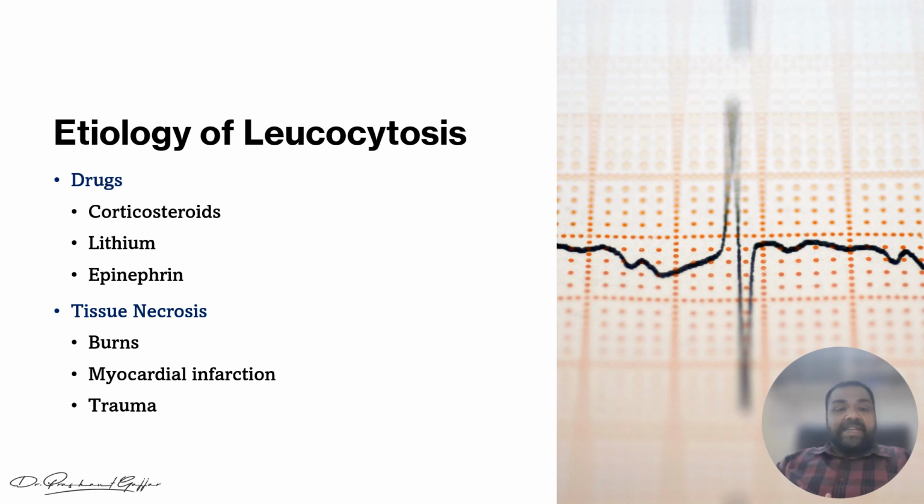The first is drugs, like corticosteroids, which can increase the white blood cells. Lithium, the medicine which is useful in the treatment of mania. Epinephrine, which we can use in allergic conditions, right? And tissue necrosis: when tissue necroses, WBC can also rise. So in burns, in myocardial infarction, and in trauma, these are all different etiologies or causes of leukocytosis, right?